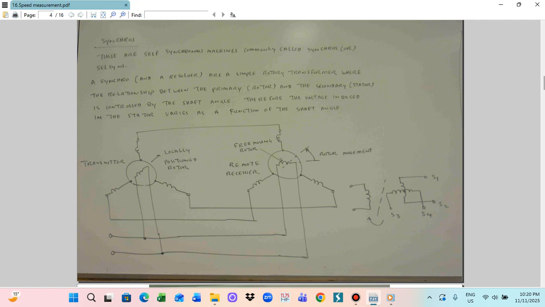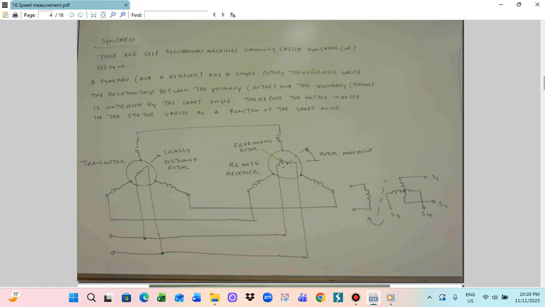A synchro has a resolver. Resolver means this is a simple rotary transformer. The relationship between the primary rotor and the secondary stator is controlled by the shaft angle. Therefore, the voltage induced in the stator acts as a function of the shaft angle. So this is the way that synchros work.